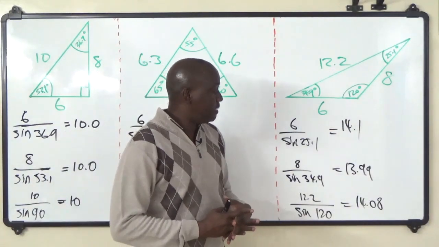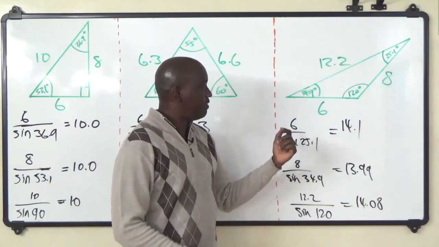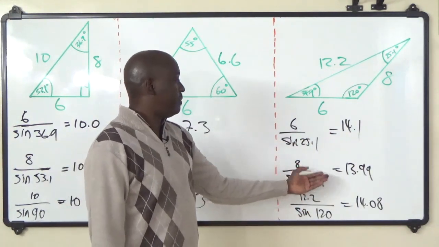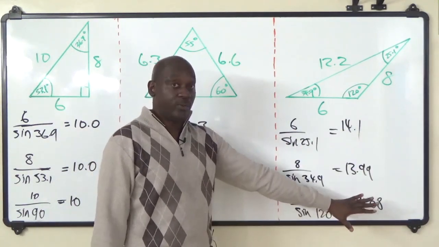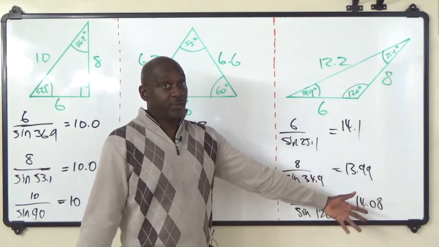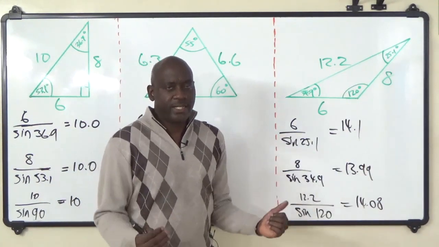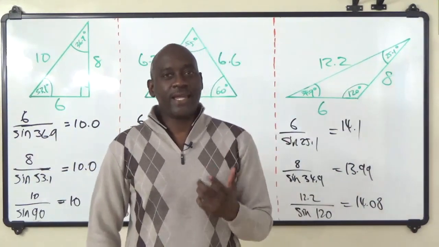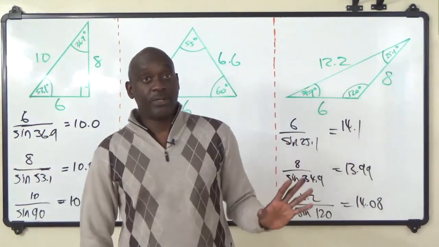So for all intents and purposes, practically speaking, we can say that 6 over sine 25.1 is 14, 8 over sine 34.9 is 14, and 12.2 over sine 120 is also 14. The actual answer might be 13.999 or whatever it is. The point I'm trying to make here is that the sine rule works.